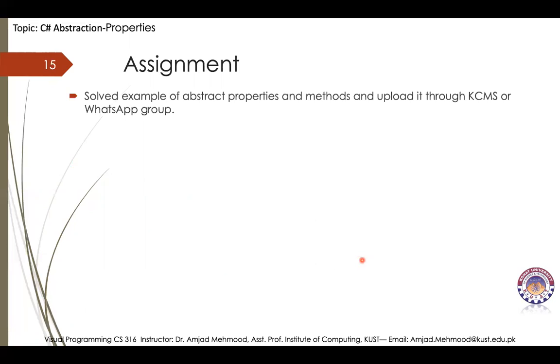Or you can take a scenario, like a library, or whatever scenario you want, and try to develop that polymorphism scenario, and then try to override properties and methods in that, and then submit that using KCMS or the WhatsApp group, or you can email me. You can provide it to me through email.